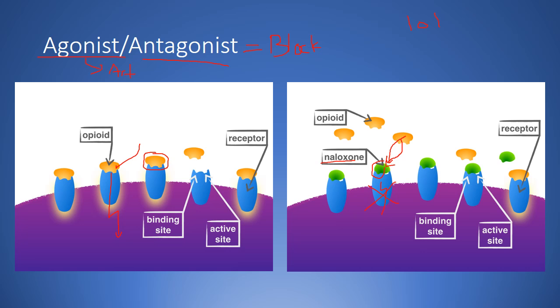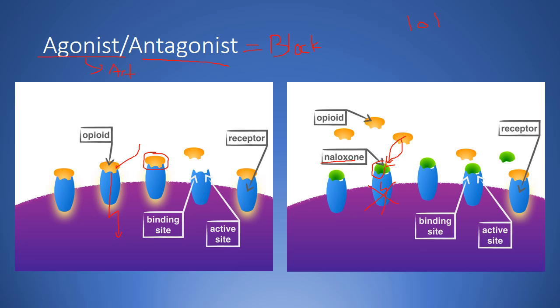You have lots of binding, and it comes off the receptor. So there's multiple times when it comes on and off. And so there's an opportunity for Narcan, once we give Narcan, to fit in that site and block it, because it's constantly coming off, it's constantly rebinding. So Narcan will have a chance to fit in there.